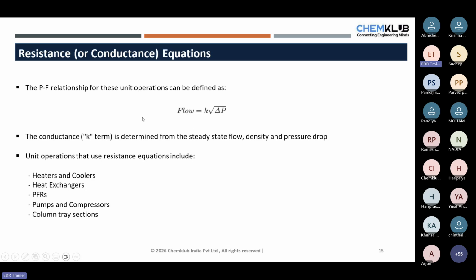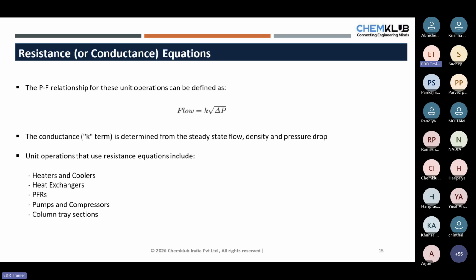In a process system, flow encounters resistance due to friction, wall restrictions, pipe losses, and equipment internals, and the resistance equation determines how flow changes with the pressure differential. Typical equipment using the resistance equation includes heaters, coolers, heat exchangers, pumps, compressors, reactors, and columns.